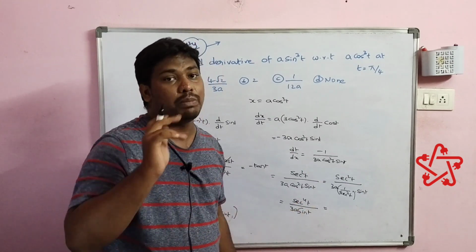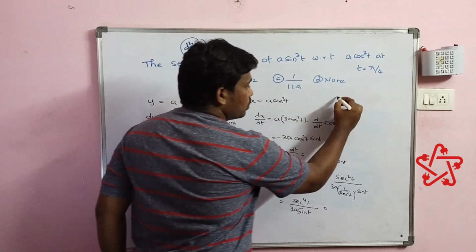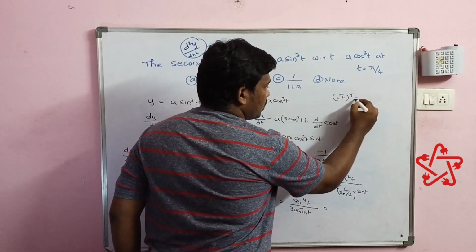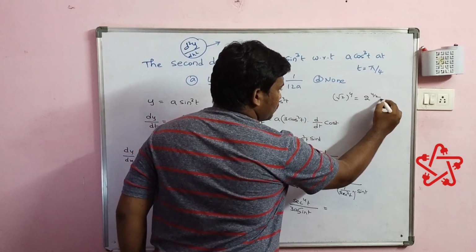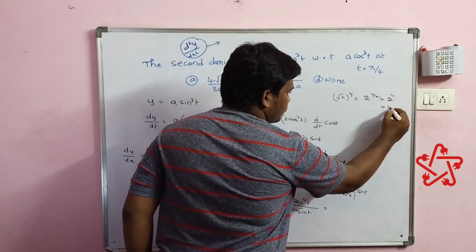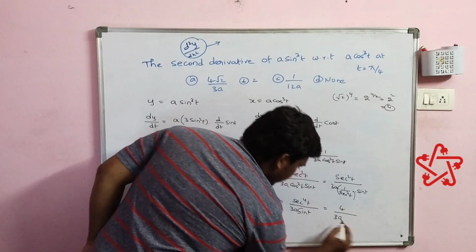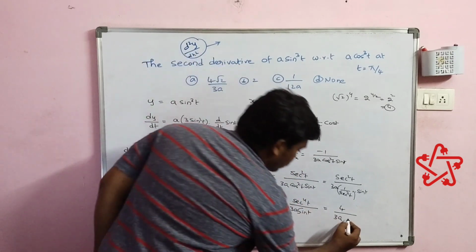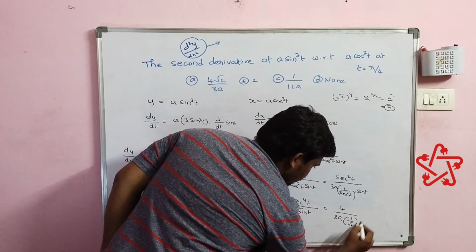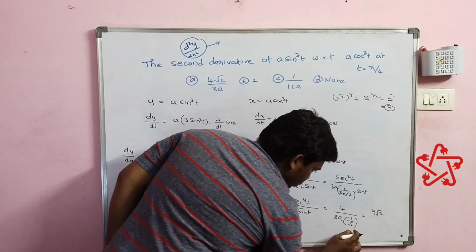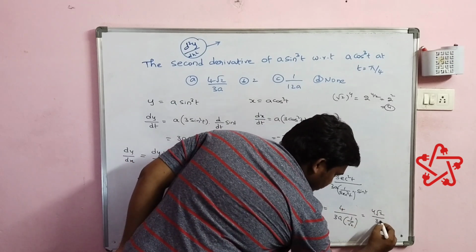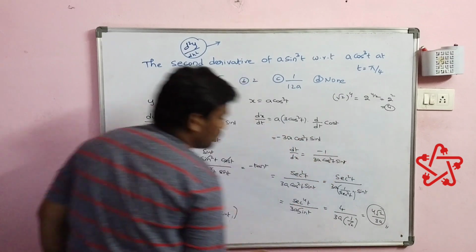Root 2 whole power 4 is 2 power 4 by 2, which is 2 square, that is 4. So 4 divided by 3a into sin 45, which is 1 by root 2. Root 2 goes upside, and it becomes 4 root 2 by 3a.